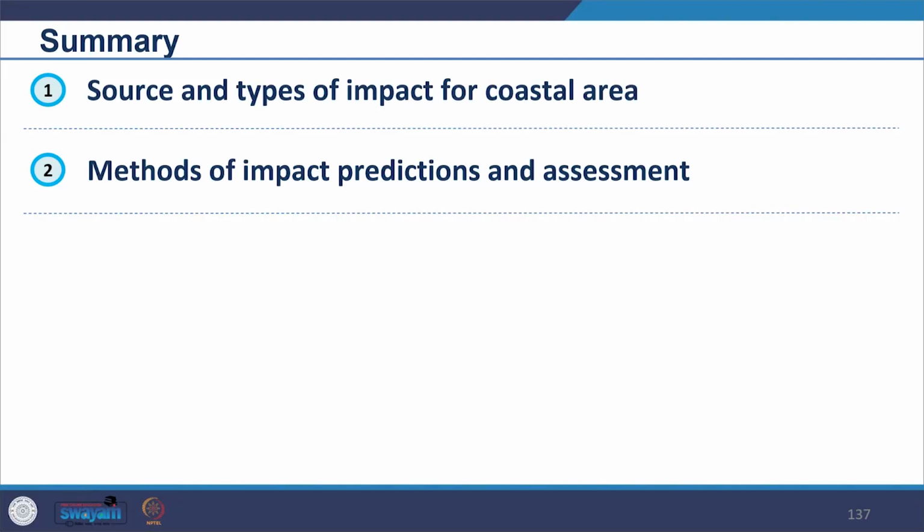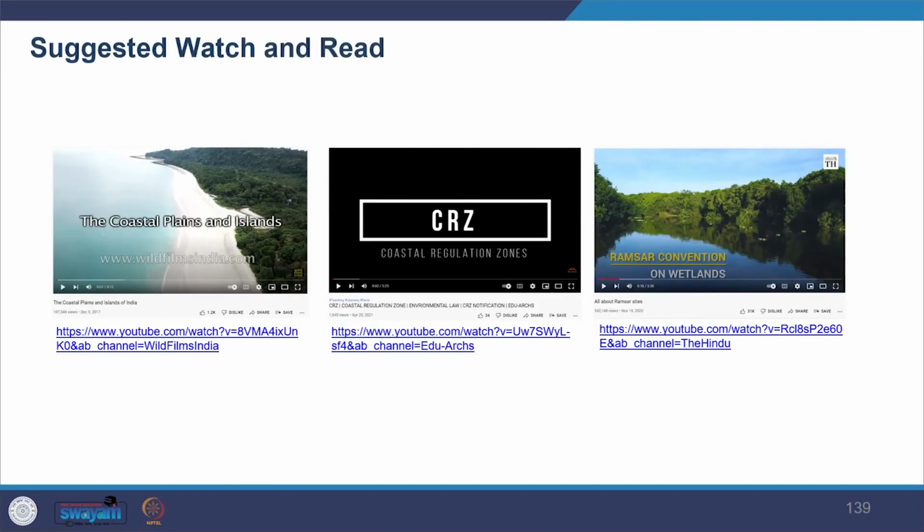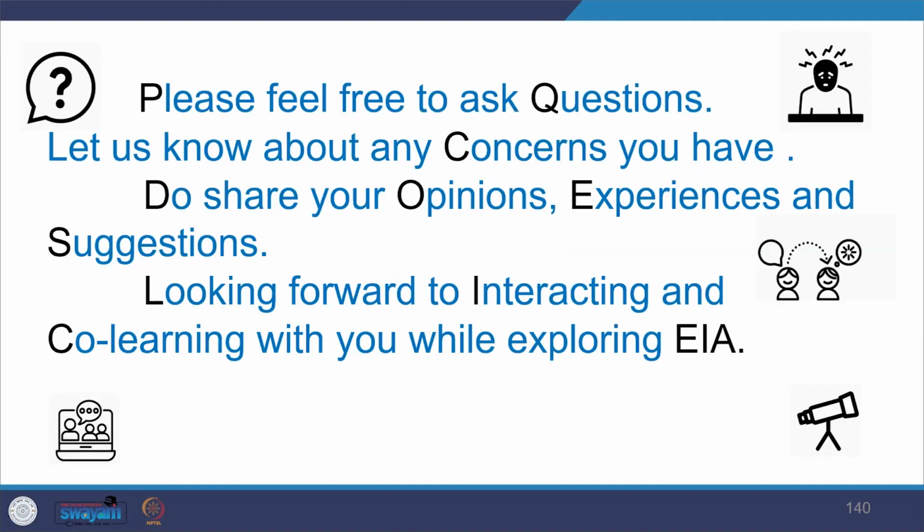That was the coverage for today. This was the key reference, Therivel and Booth's book, which is our textbook. There are also suggested readings and videos on phenomena and cases, which we could not discuss all of, but they have been given here so that you can look at those videos separately if you're interested. So we'll wind up there.